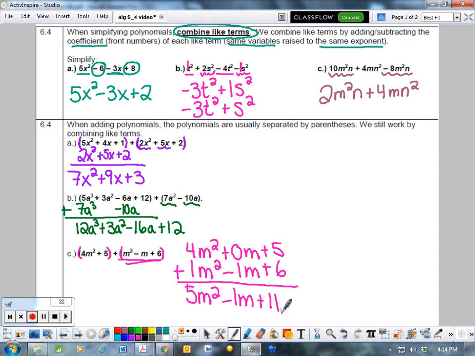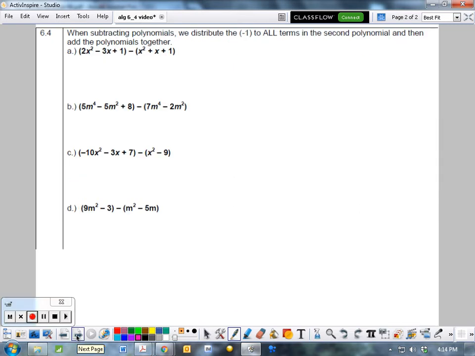So we've talked about combining like terms. We're now adding polynomials. We have one more step for today, and that is subtracting polynomials. Now we have to be really careful because it's not always going to be grouped where it's plus, so you just do all your pluses and then you do all your minuses. They're going to be back and forth, so you really have to pay attention to this symbol in between.